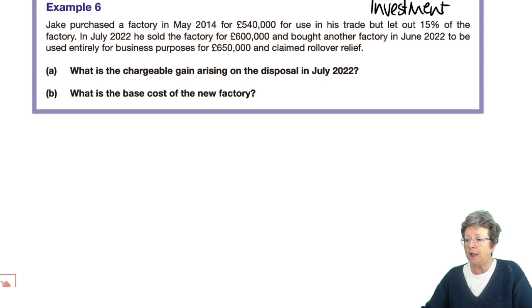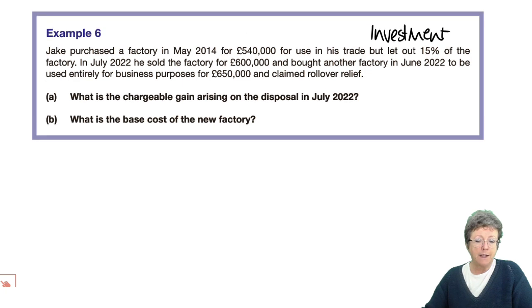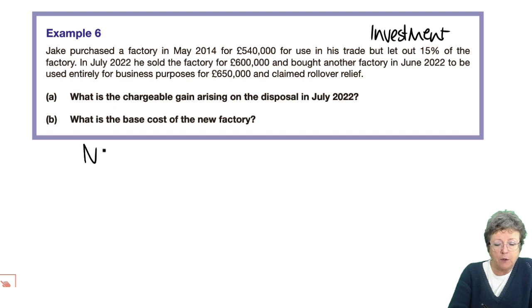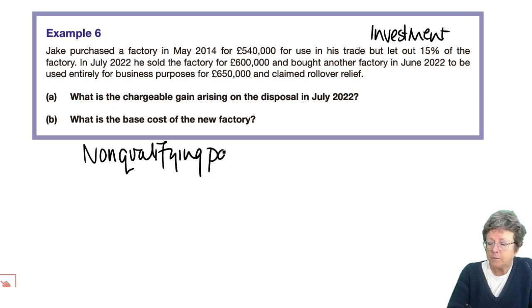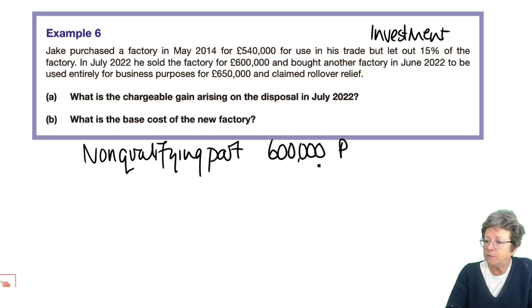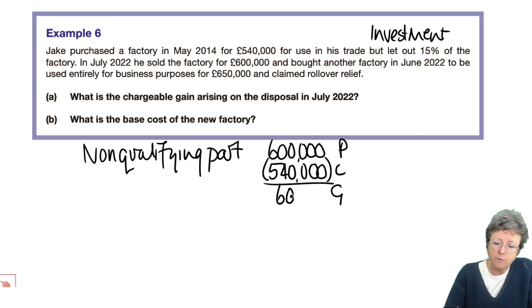So let's have a look at the gain arising on the disposal. So there is a non-qualifying part. We have 600,000 proceeds, less cost, gives us a gain of 60,000.